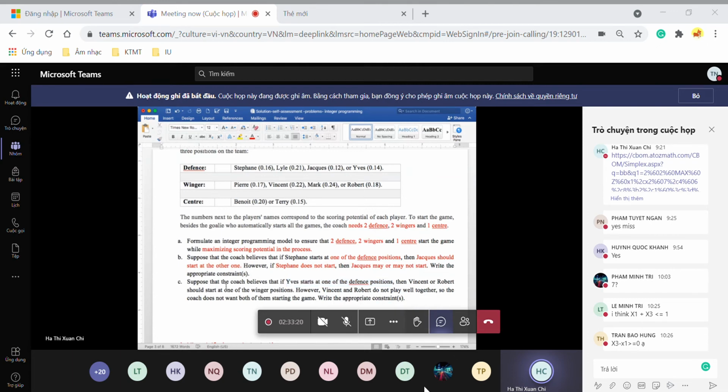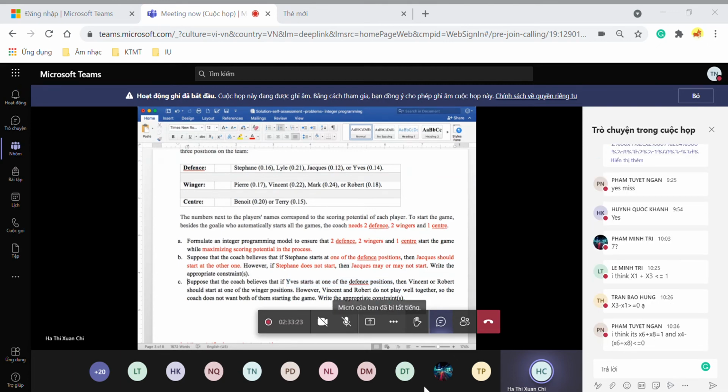Everyone think about this. I think it's X. So why do they explain that X6 and X7 equal 1? X6 plus X7 equal 1. We mean here is equal 1. Y equal 1.